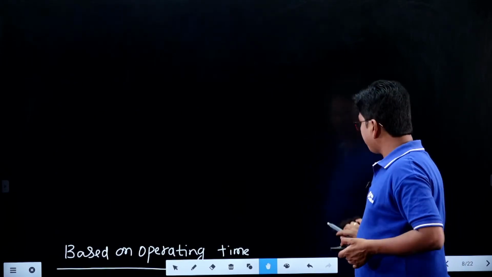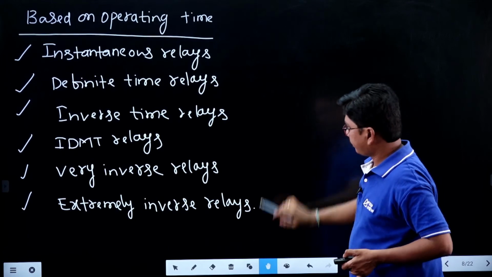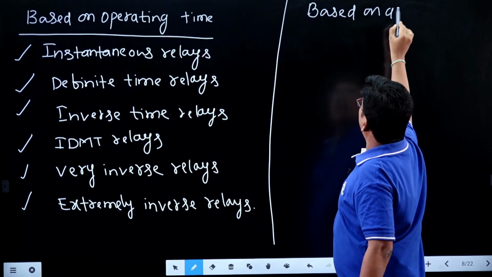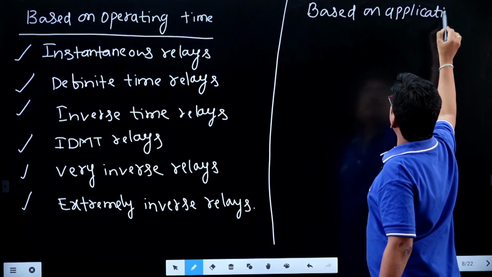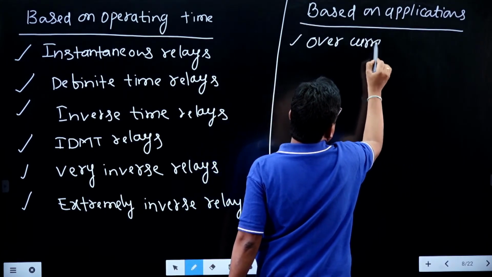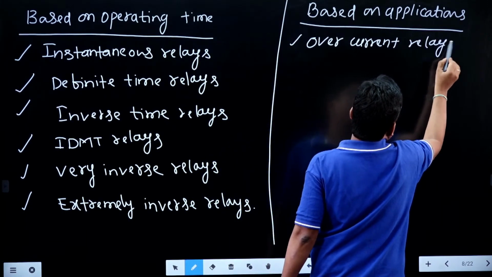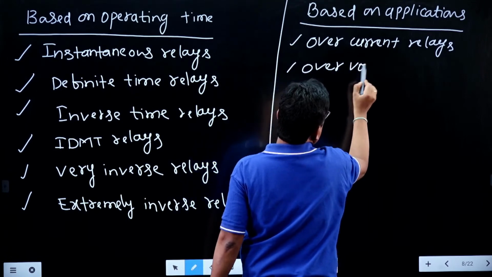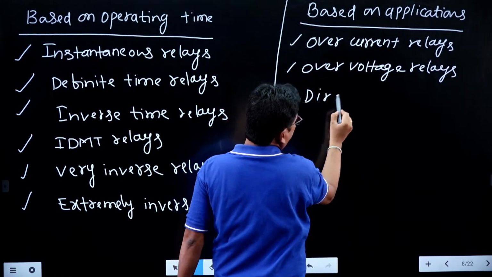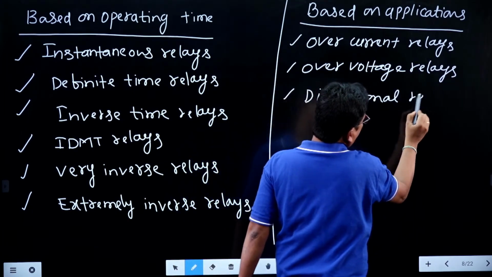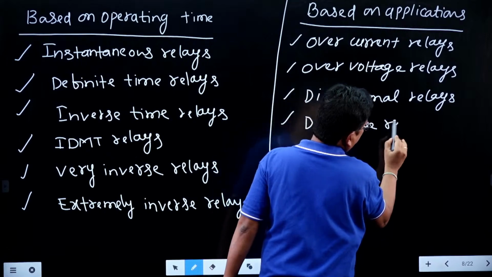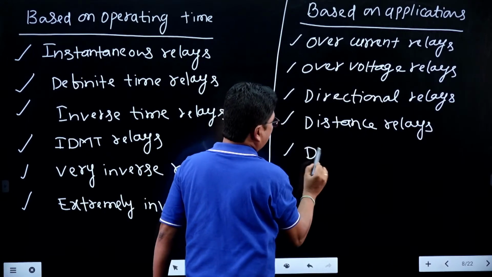So based on applications, we can write over current relays, over voltage relays, directional relays, distance relays, and differential relays.